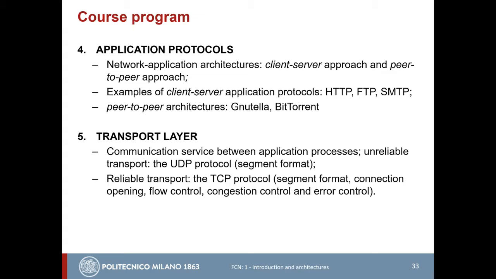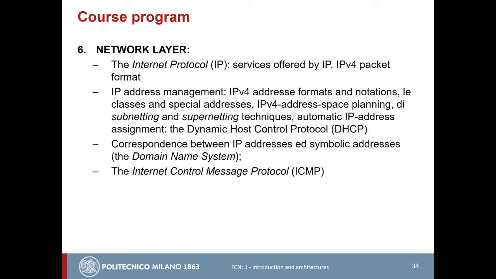Then we will go one layer down, the transport layer, that is basically the TCP protocol, how to make connections reliable over internet. We will spend a lot of time on the network layer, which is the IP protocol, so the core of the network. And we will talk about the addressing system, very important, focusing on IPv4, which is the old implementation of IP, but currently the most used and widespread.